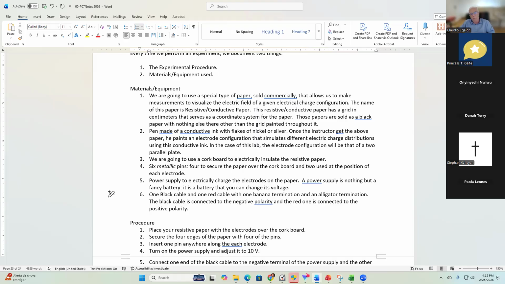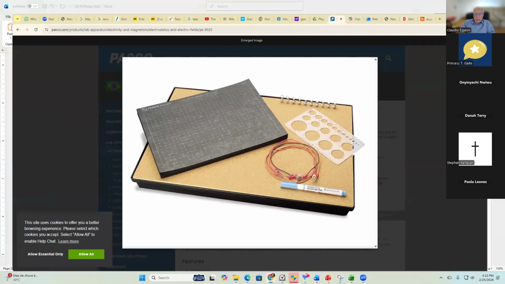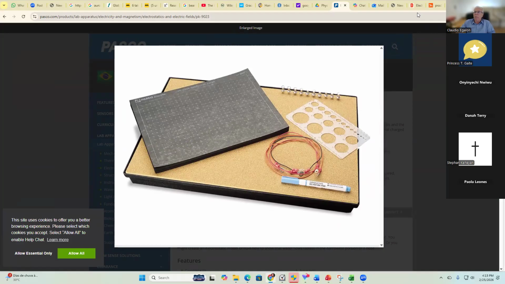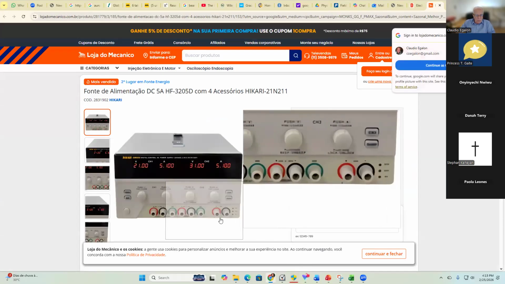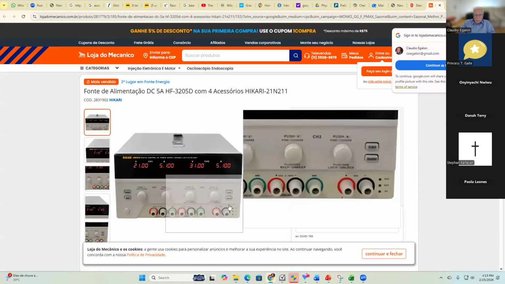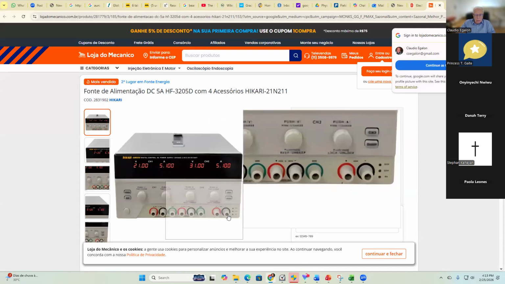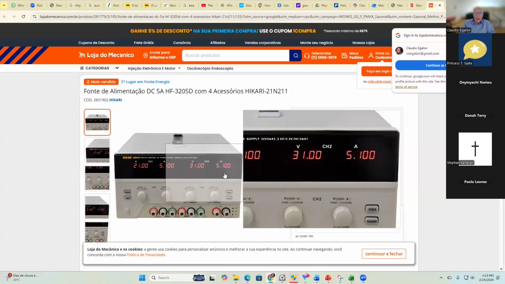So one end has a plug, which we call a banana termination. The banana termination goes exactly in the end of the power supply. If you saw the power supply here, you got to see it plugs exactly in those terminals of the power supply. Okay, and the alligator clip is just something that opens and closes.